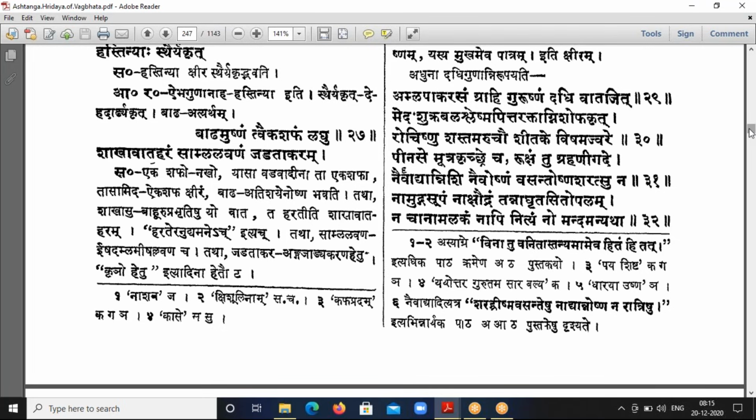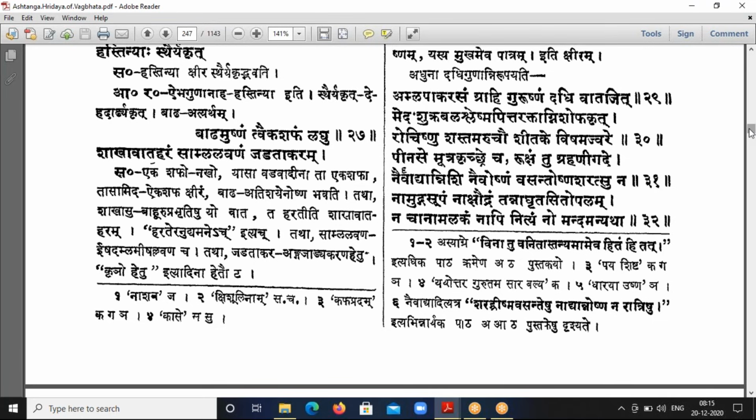But still we should understand that it is good in Vadiga Penasam, because it has the potential to increase Pitta and Kapha. Mutra Kruchre, that also in Vadiga Mutra Kruchra. So there is a wide list of properties documented.